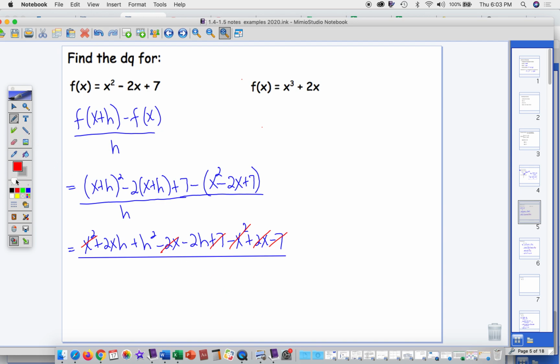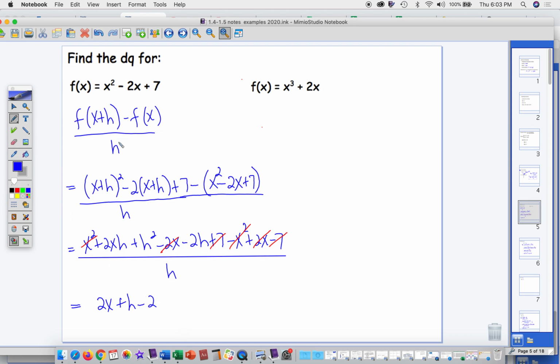And again, all of this was over h. Now, if you notice, all the terms that remain have an h. So we can reduce all three terms by h, and we end up with 2x plus h minus 2.